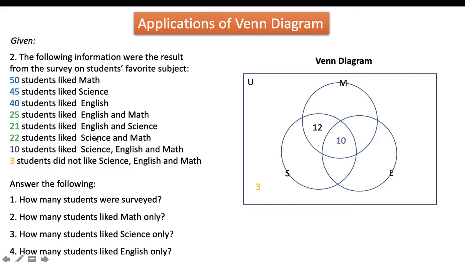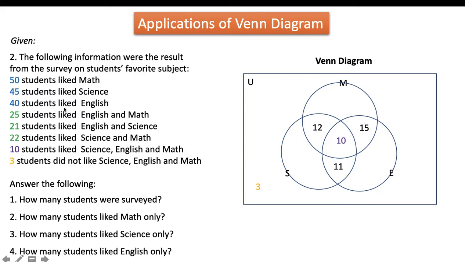And these are the students who like science and math. And that is similar to English and science, this one. So this section here, since we have 21, this 21 will be subtracted by 10, and the answer is 11. And that is similar to math and English. Same process. So we have here 25. So 25 minus 10, our answer here is 15.